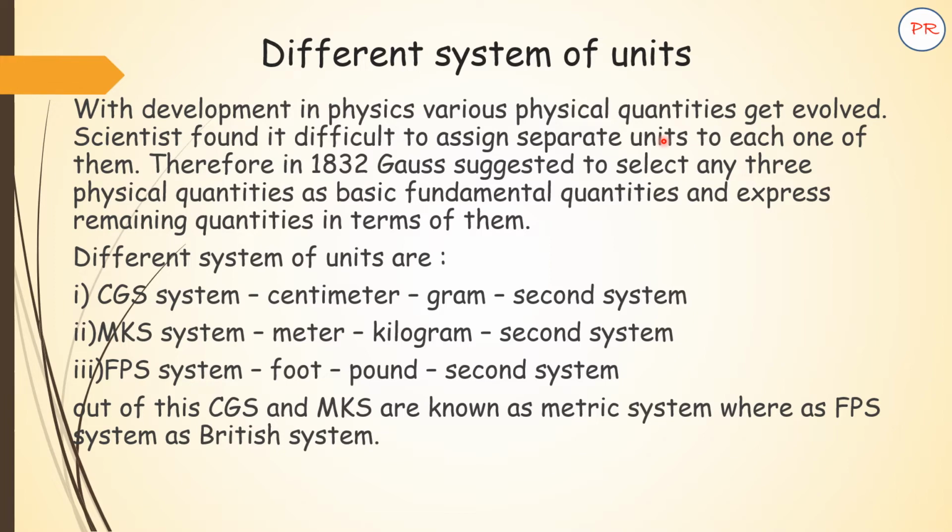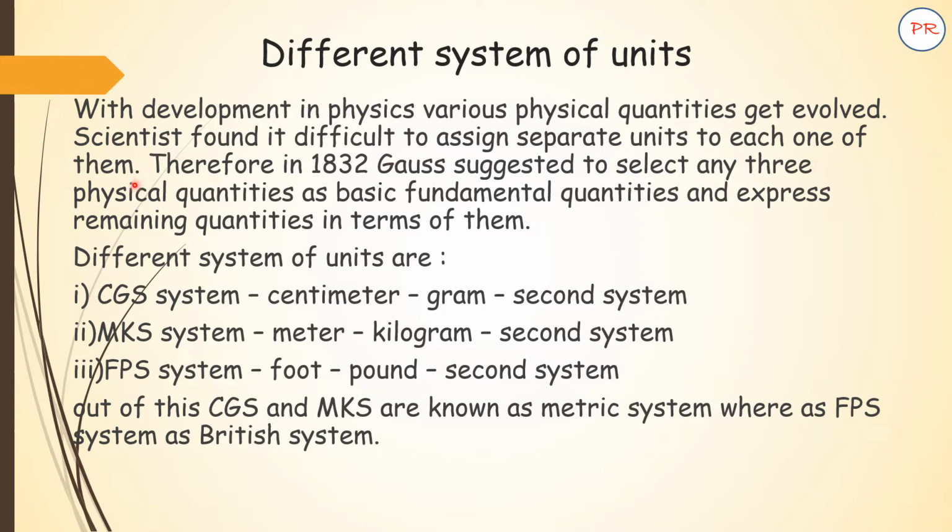There was a development in chemistry, so the number of molecules, number of atoms, all those concepts came into the picture. There was a development in the branch associated with light. So physical quantities started increasing. Now it became difficult for scientists to give a separate unit for each physical quantity.